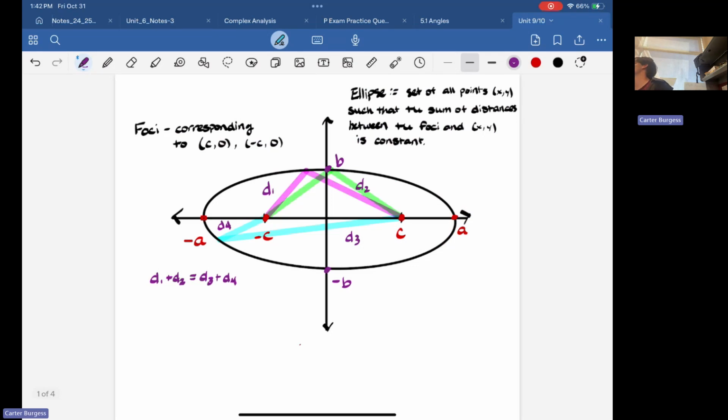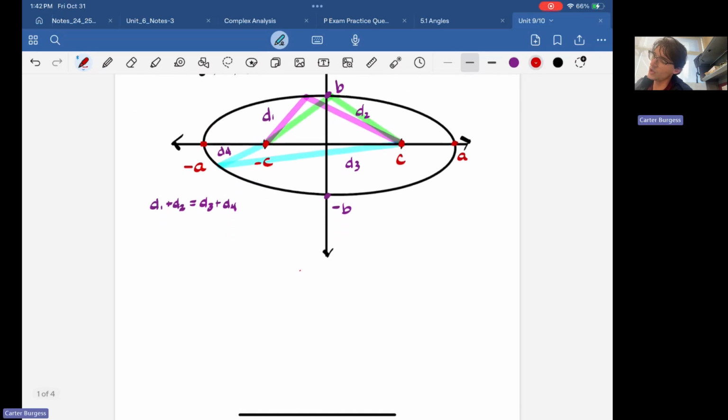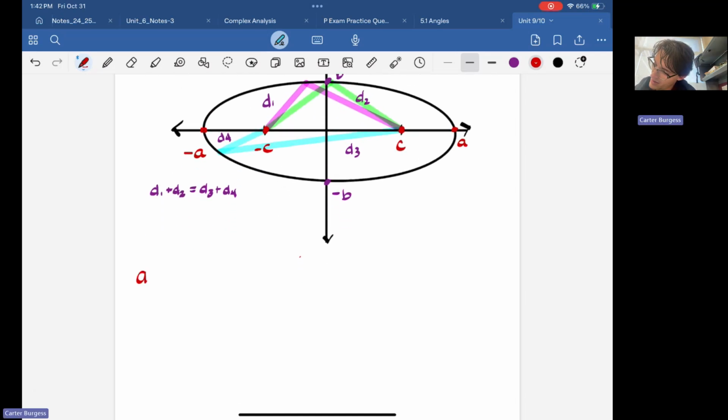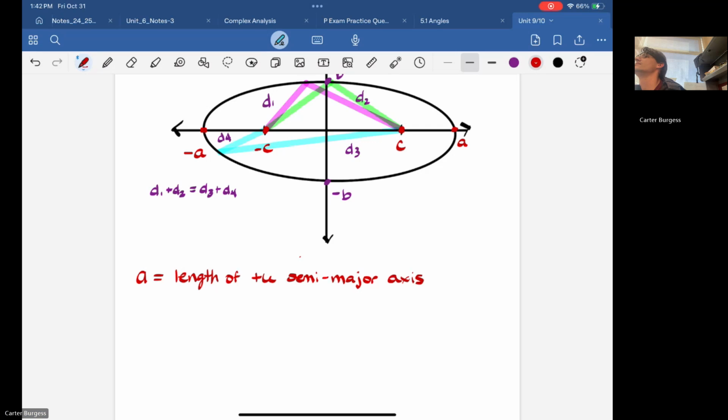Okay, so that's C. Let's now define A and B. We're going to go ahead and define A. Actually, A is equal to, not defined as, A is equal to the length of what we call the semi-major axis. What is a semicircle? Half a circle. So what is the semi-major axis?